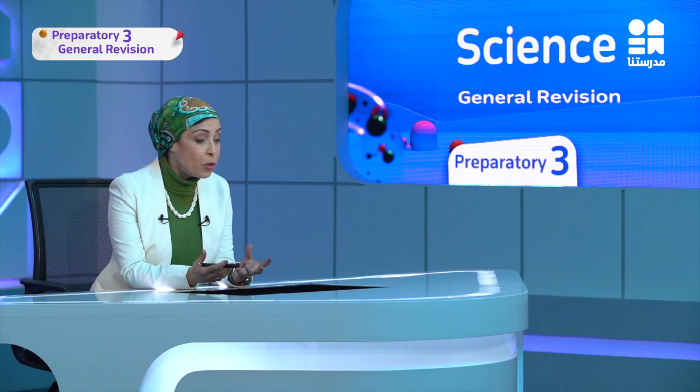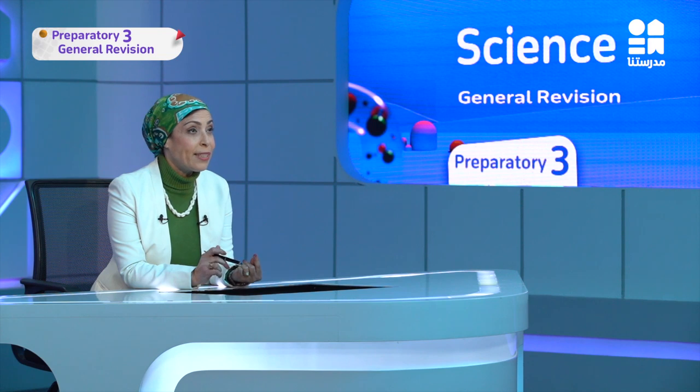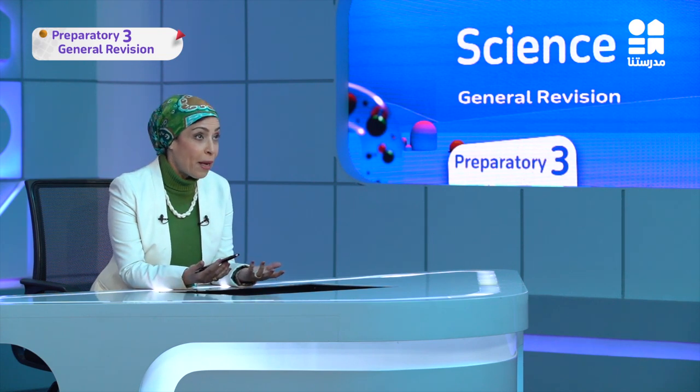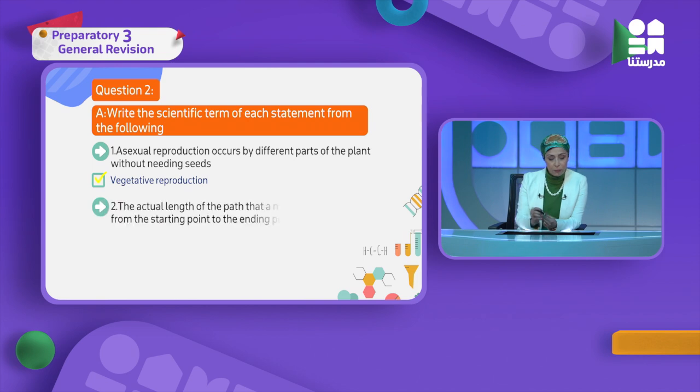It happens in the plant, and I have only one type of asexual reproduction that occurs in the plant without needing a seed, so the answer is vegetative reproduction.